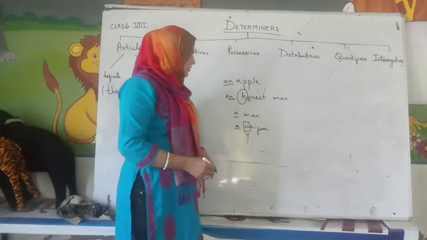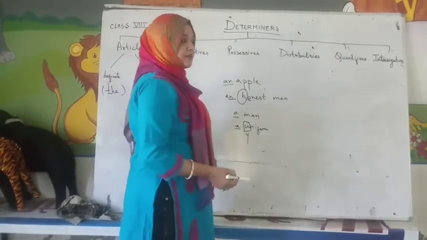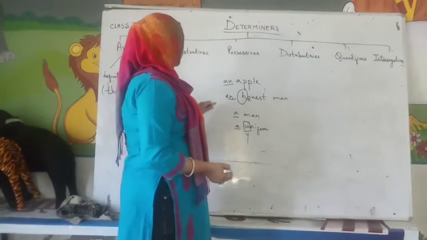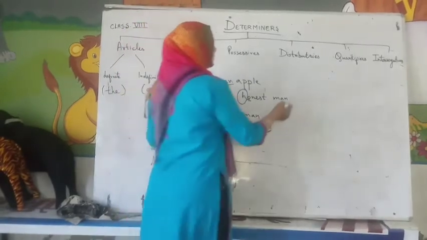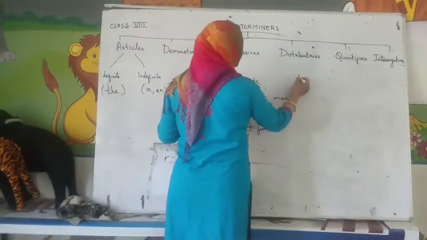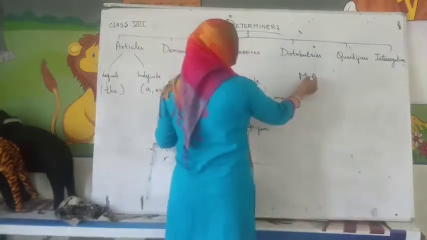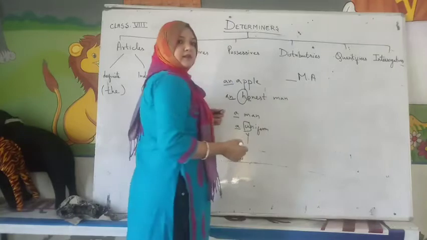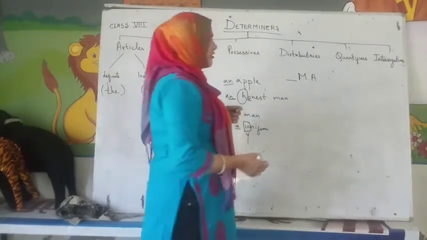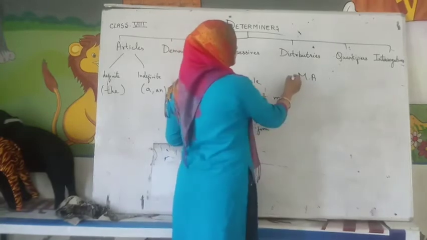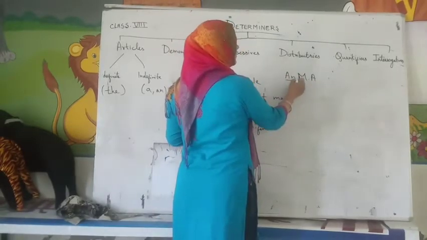Everybody? Alright. Same thing. If you write, for example, another MA. This is a degree, right? He is an MA, because the sound of A. So, an MA, not a MA.